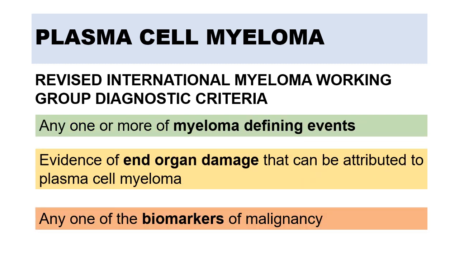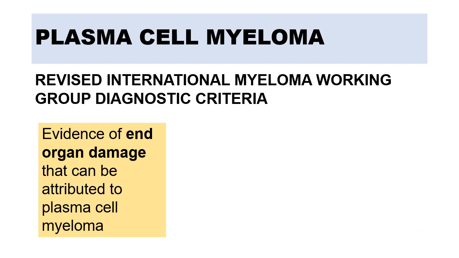So let's look at what the myeloma defining events are. The myeloma defining events could either be evidence of an end organ damage, which is attributed to the plasma cell myeloma, or it could be one of the biomarkers of plasma cell neoplasm. So now let's look into the features that are evidence of an end organ damage that is attributable to plasma cell myeloma.